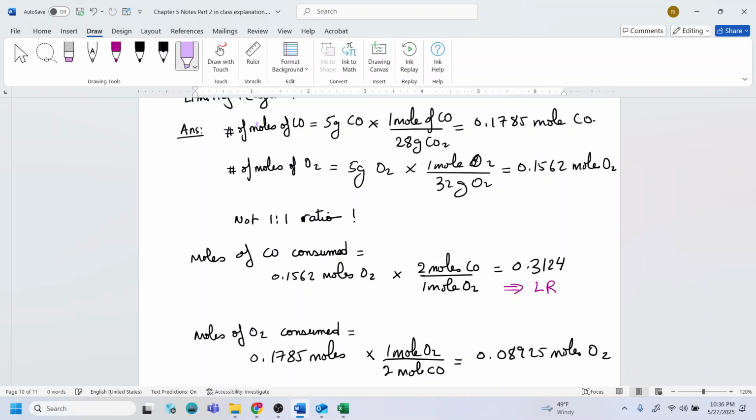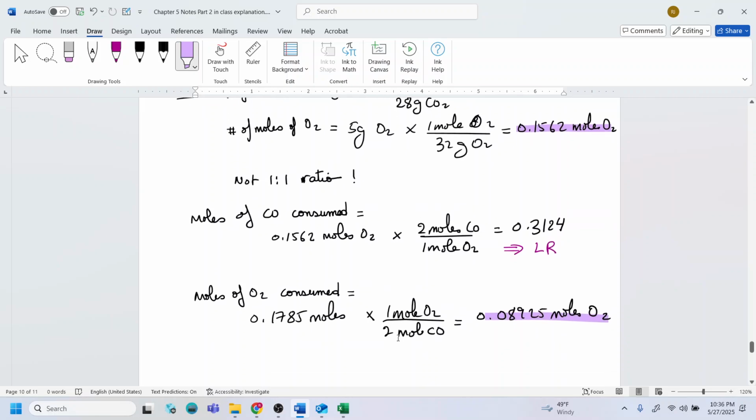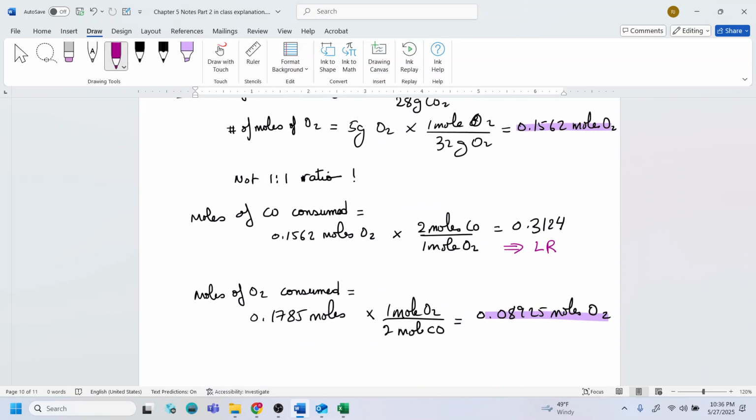So now I'm going to compare the moles of the oxygen with the moles of the oxygen in there, and you can easily see that this is more than this. So I did not use it all, right? So oxygen here is going to be in excess. So therefore oxygen is in excess.